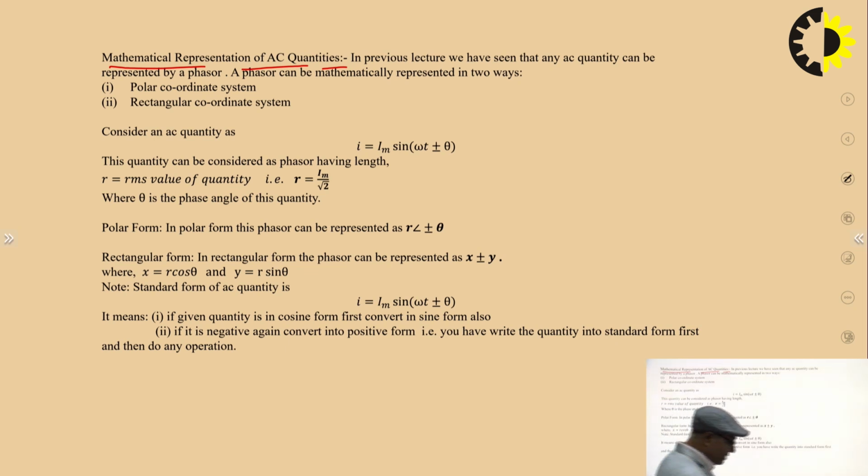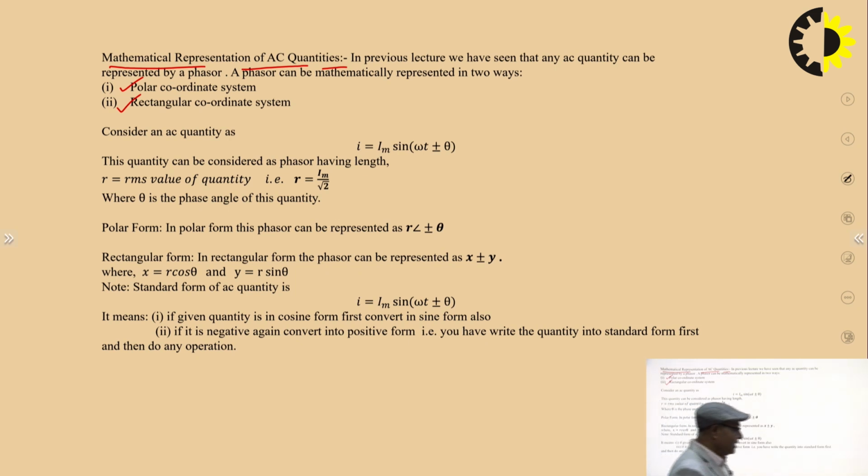Our AC quantities we can represent in phasor form, and also mathematically we can express them in two ways. First one is polar form or polar coordinate system of representation, and the second one is rectangular coordinate system of representation of AC quantities.